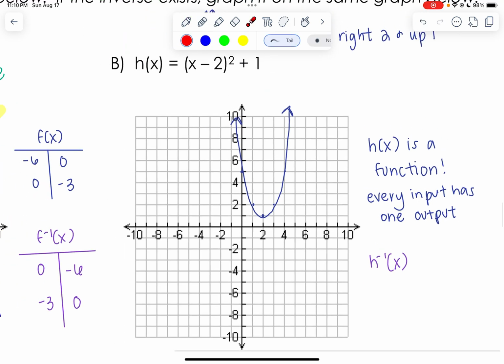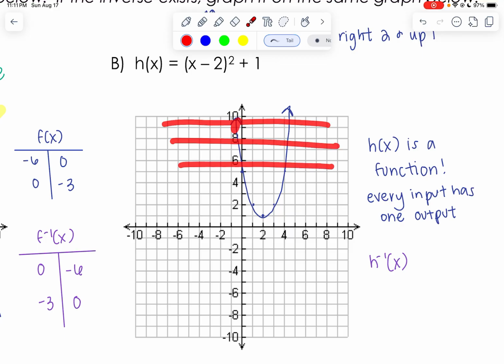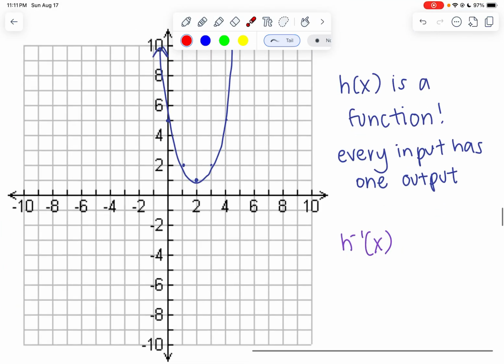And this is where you have to think. There's multiple values that I can plug in for x where I would end up with the same y, because I could plug in negatives and positives and I would still end up with the same answer because of the square. Another way to check that is if it's horizontal and I'm seeing all of these right here breaking my horizontal line test. So the inverse is not a function.